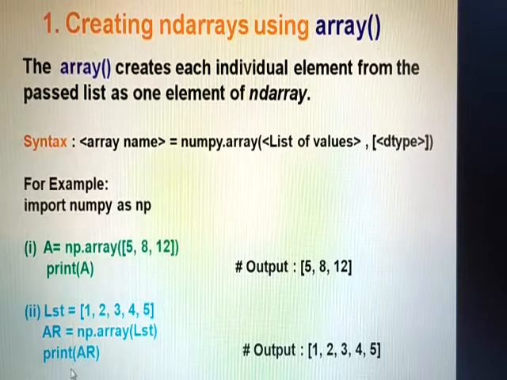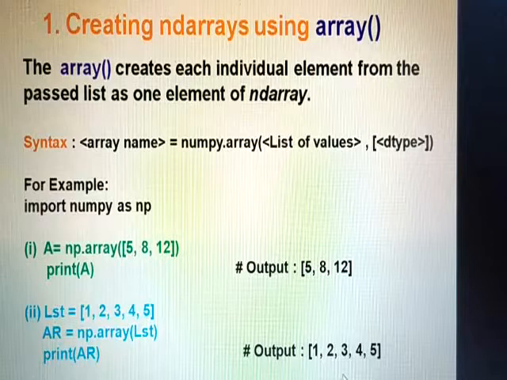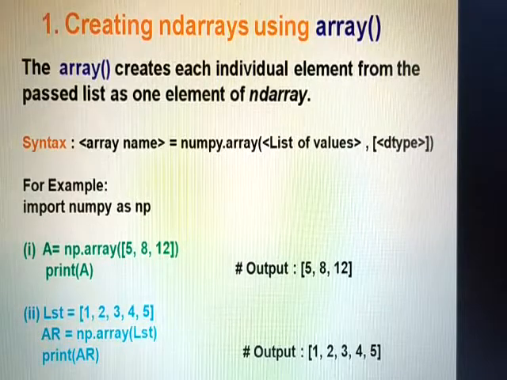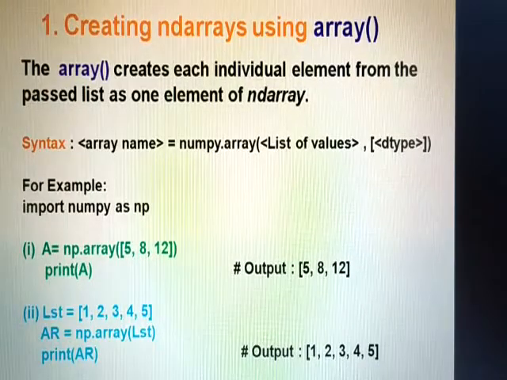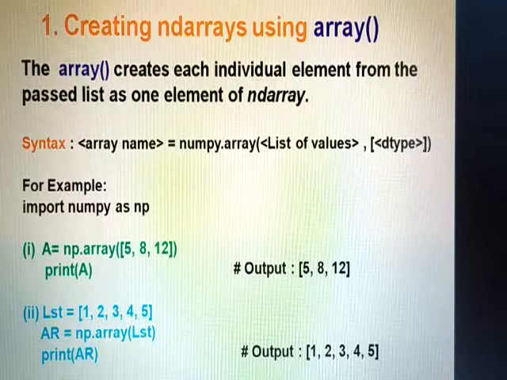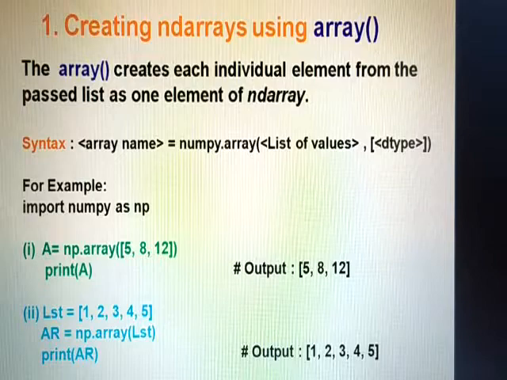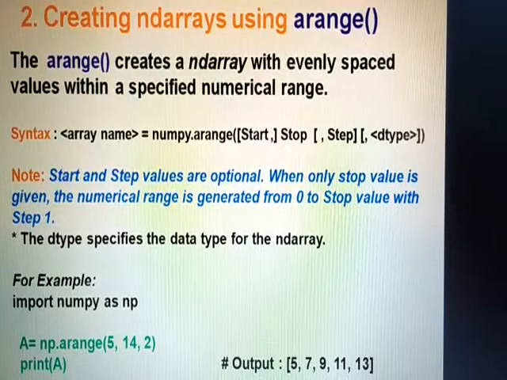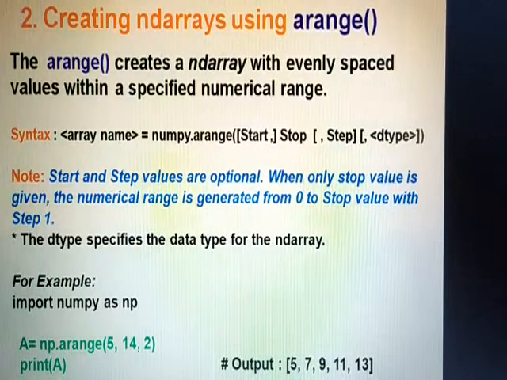And when we print the array, the result will be 1, 2, 3, 4, 5. That means the AR array consists of 5 elements from 1 to 5. In this example, we import the NumPy library and use the array function to create a one-dimensional array. I think you have learned how to create an ND array using the array function. Now move to the next.